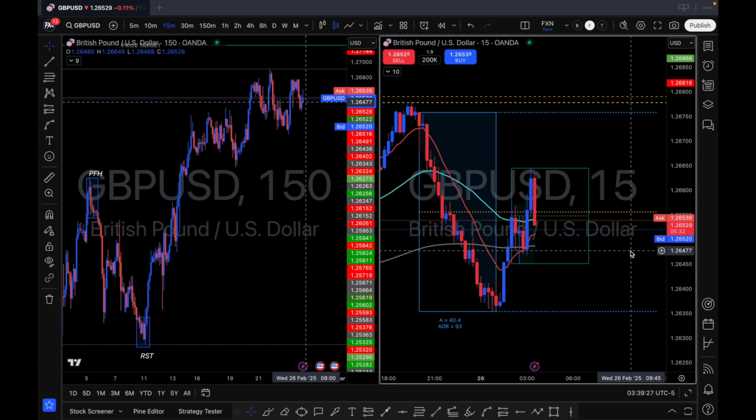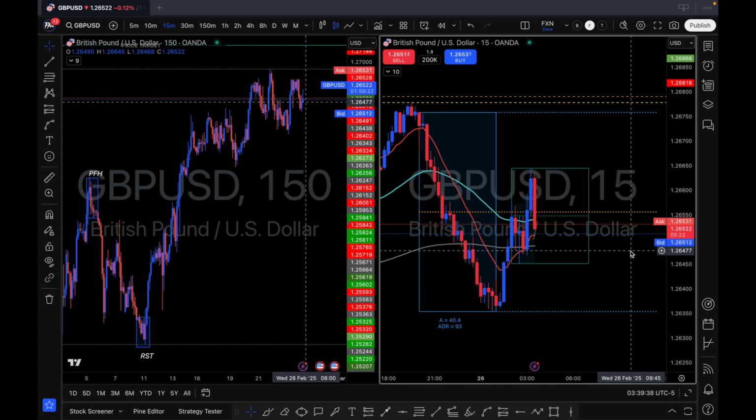Now the problem that I would have here is the big candle that's starting to form on this particular pair. This would be great for a railroad track, but obviously once it starts to form, it's a pretty massive candle, so I can't really use it as a railroad track.